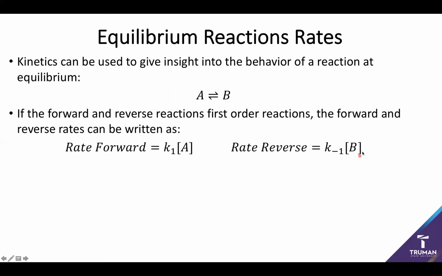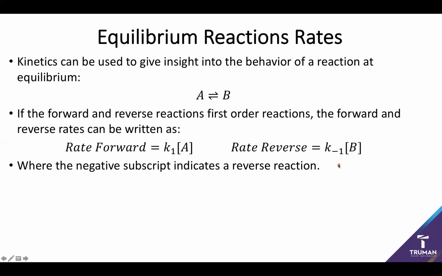So we're still going to depend upon the first order concentration of B, but now we have this new rate constant. We're going to denote this as K-1 to indicate that it's the rate constant for the reverse of the first reaction, which is what this negative sign shows. So K1 means we're going forward. K-1 means we're going in reverse.